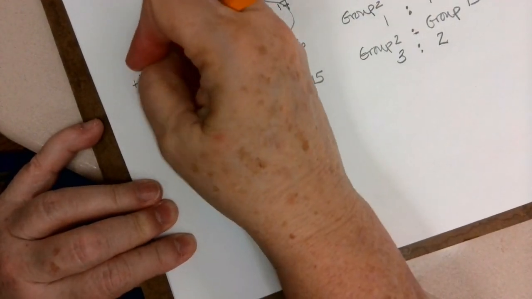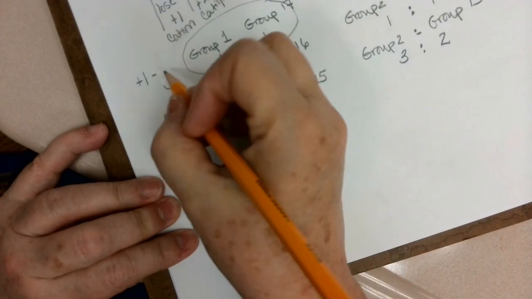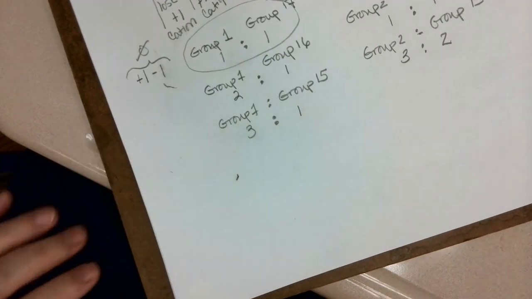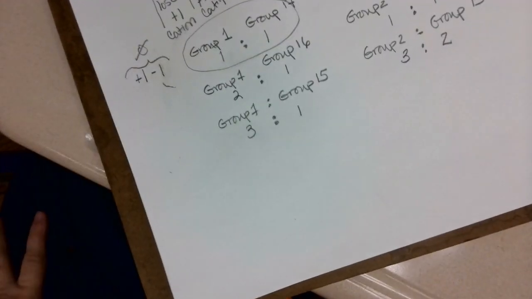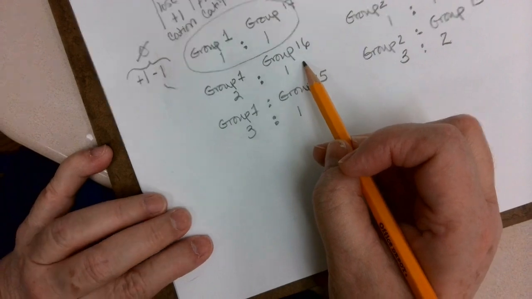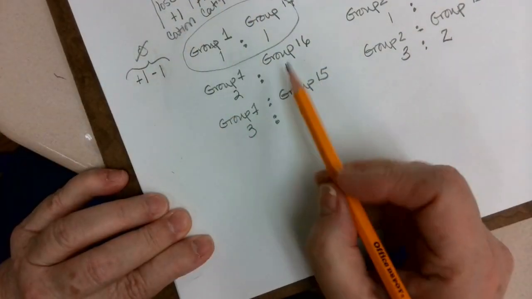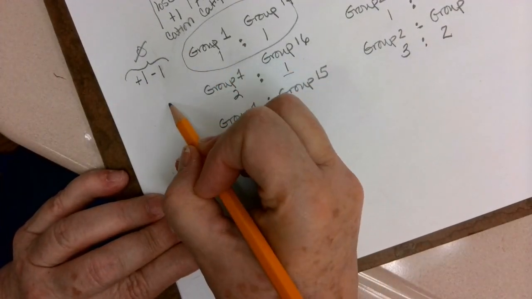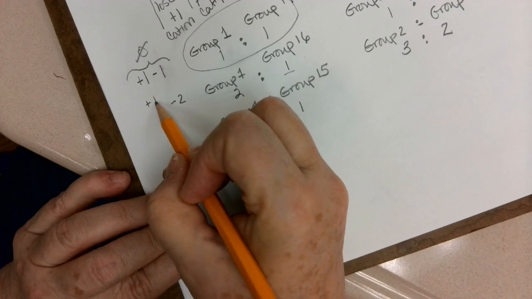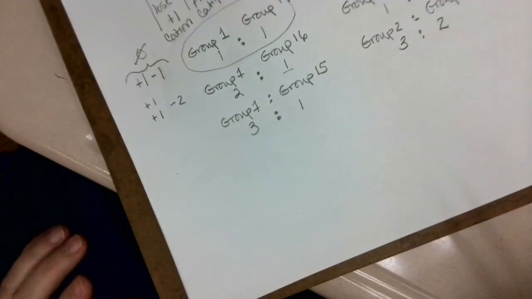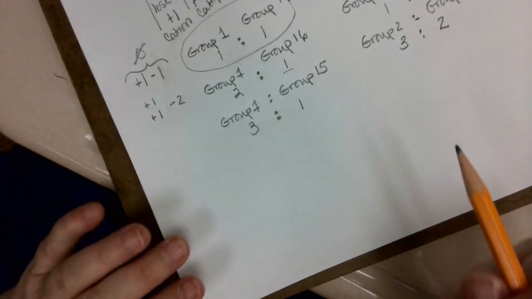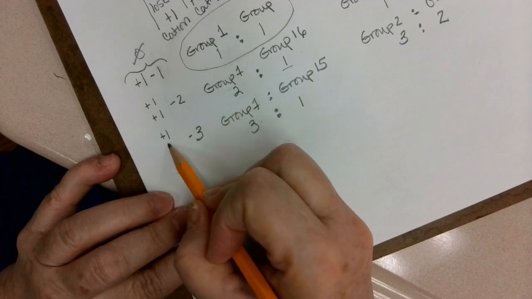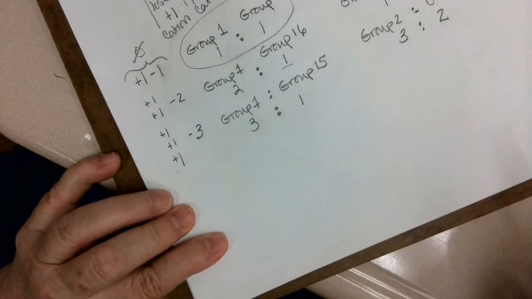And what happens is this is electrically neutral because they cancel each other out. If we look at group 1 to group 16, again, you have an atom that's got a charge of minus 2, so you needed 2 plus 1s in order to balance that out. And in group 15's case, that's a minus 3, so you needed 3 plus 1s to balance it out.